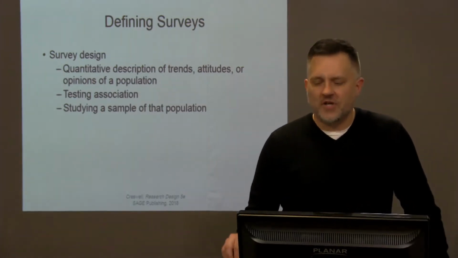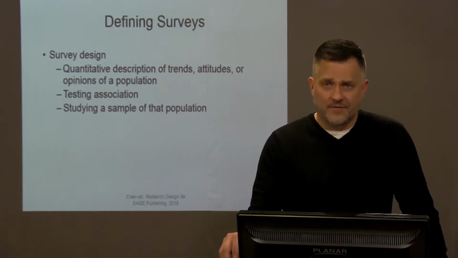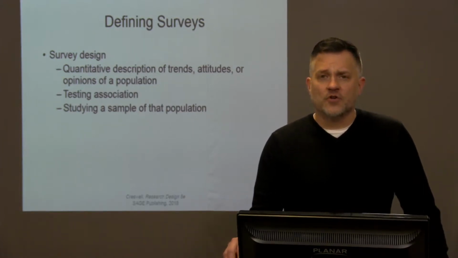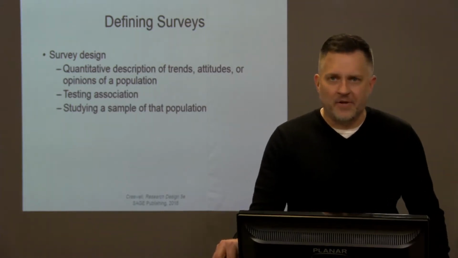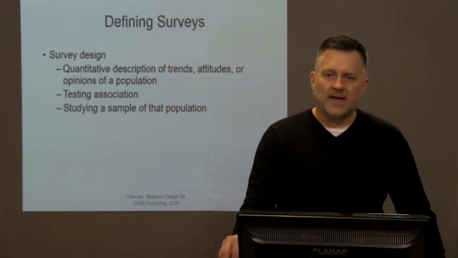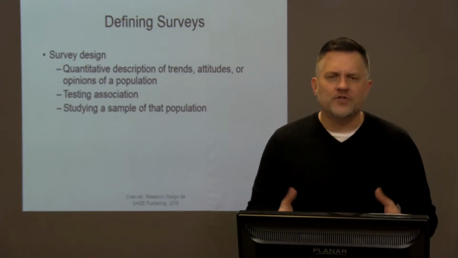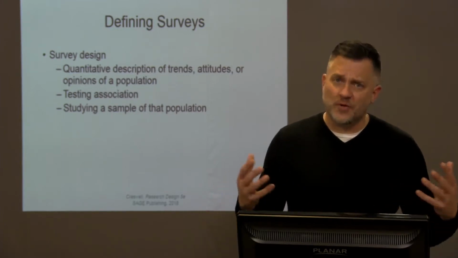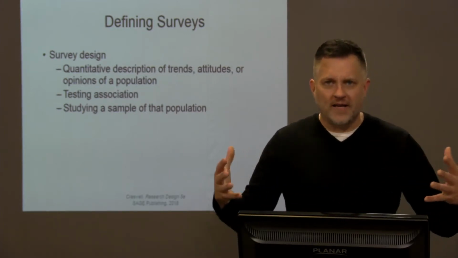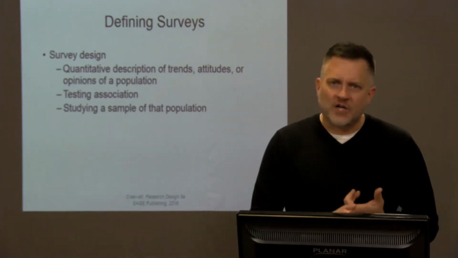We're always studying, not always, but most of the time we're studying a sample of a specific population. So to some degree we have to be familiar with sampling techniques and the different types of sampling techniques we could use, because for any number of reasons we can't survey a population unless we're doing a census. If we're doing a census, we're going to try to get a survey out to everybody, but as you can imagine, that's cost prohibitive.